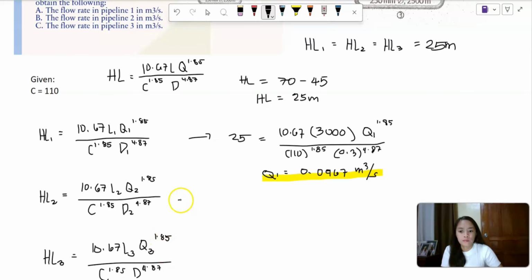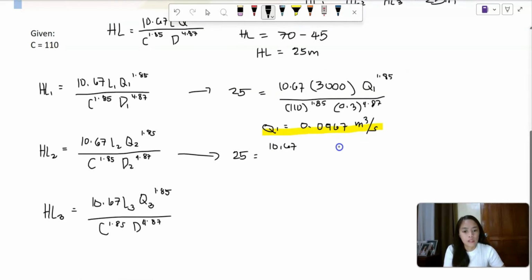Next is the flow rate in pipeline 2. So again, head loss is just the same. So 25, then 10.67, then the length for pipeline 2 is 1,300. Then Q sub 2 raised to 1.85 all over the C, 110, raised to 1.85.